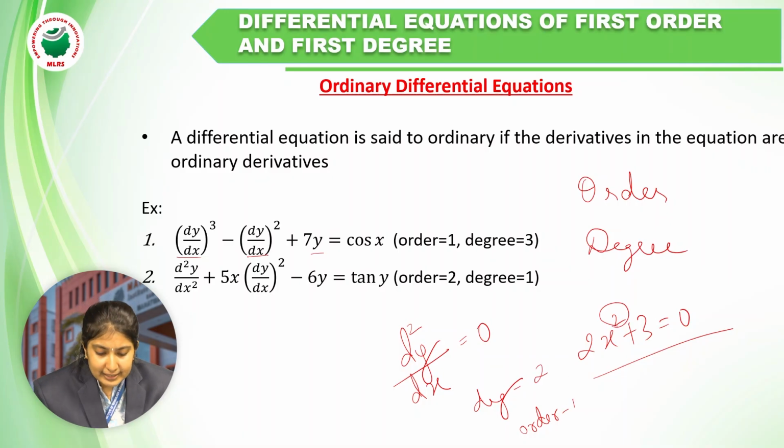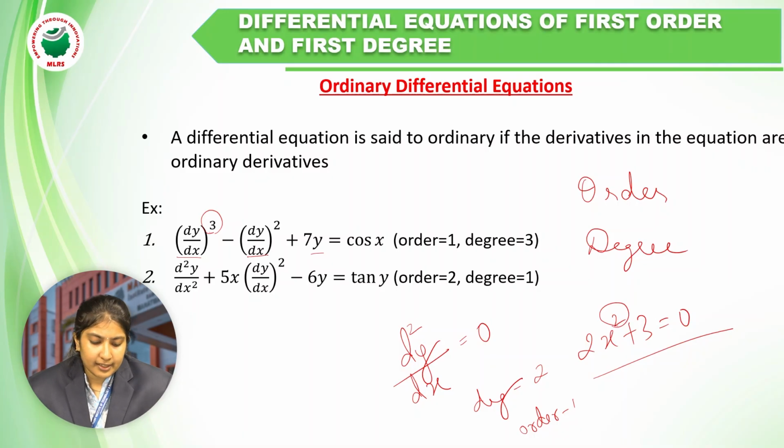Defining it more precisely, the degree is the power of the highest term, free of radicals and fractions. Assume here the degree is 3, which is the highest among the given derivative terms. That is (dy/dx)^3 is there, (dy/dx)^2 is there, and 7y is there.